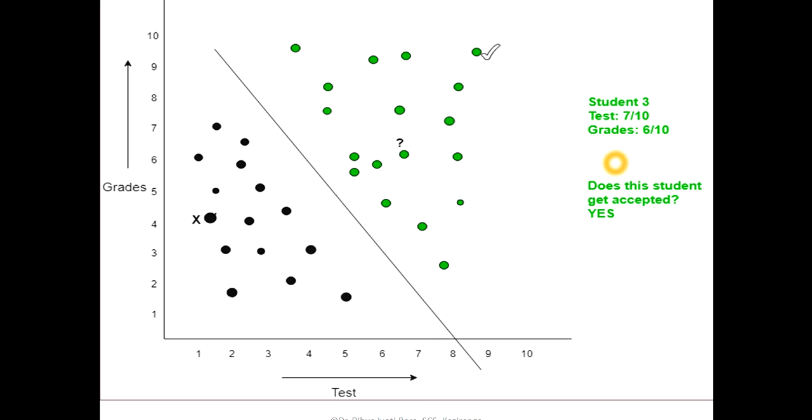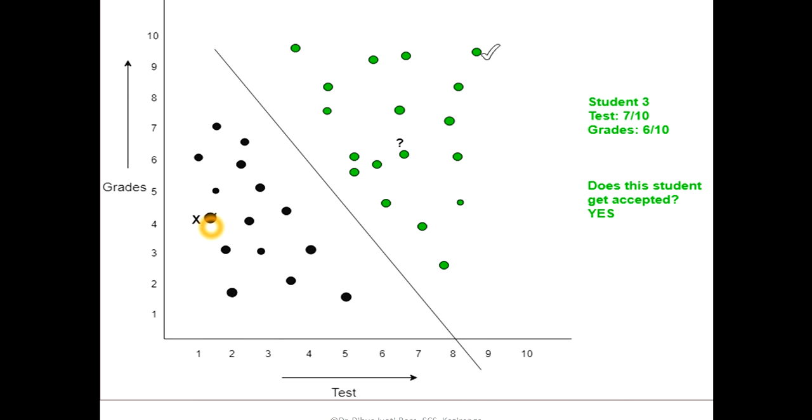One side you have the students who have been accepted for the admission, and one side we have those students who have been rejected. So as we see, student 3's test value is 7 out of 10 and grade is 6 out of 10, so the student gets accepted, right?